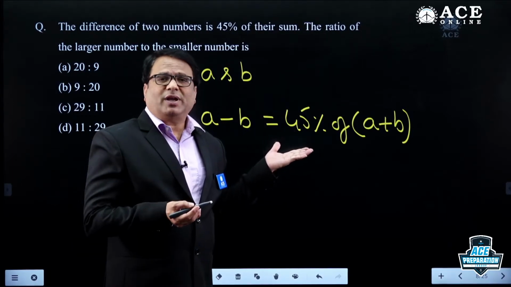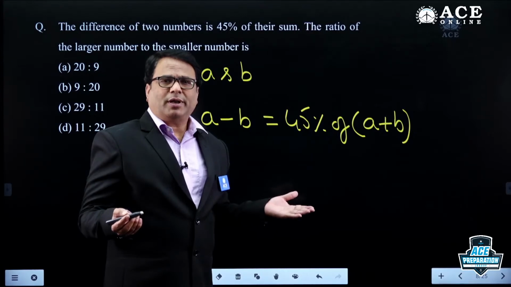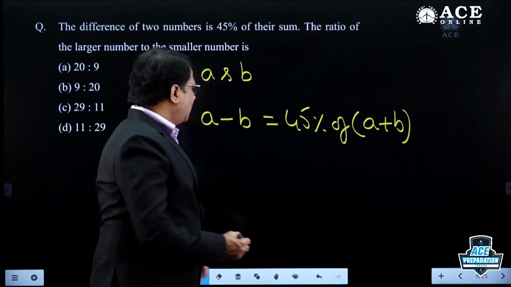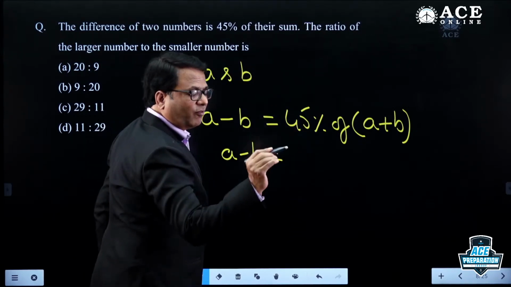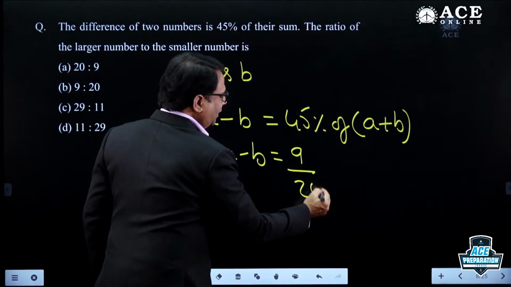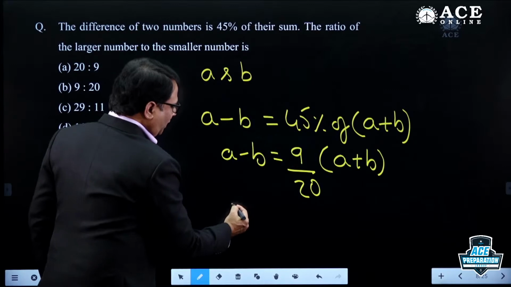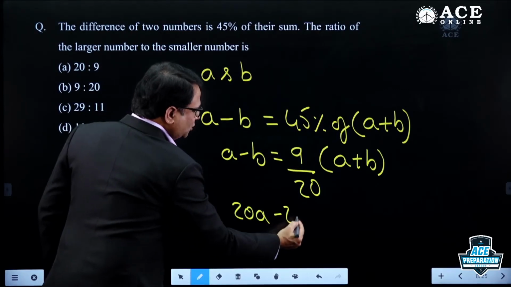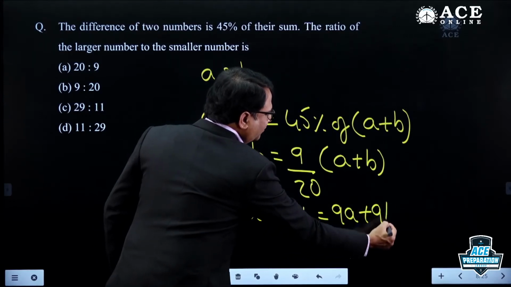Now just simplify this. You get the ratio of the larger number to the smaller number. So let us simplify. A minus B equals 45 by 100, which simplifies to 9 by 20 into A plus B. Then cross multiplication: 20A minus 20B equals 9A plus 9B.